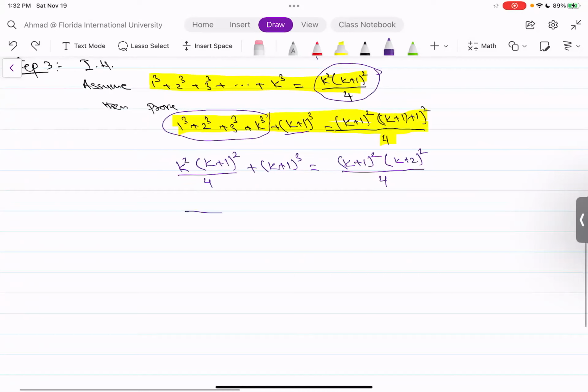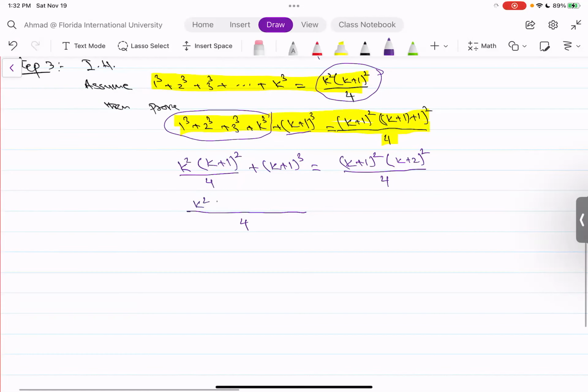So I'm going to take the LCM of this one, which is 4 divided by 4, and then since this whole is being divided by 4, so 4 and 4 will be cancelled out, so I can write it as k square into (k plus 1) whole square plus 4 times (k plus 1) cube, right? So we can combine them like this one. This is going to be equal to (k plus 1) square into (k plus 2) whole square divided by 4, right?